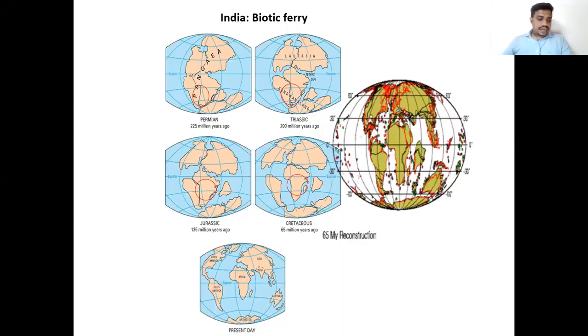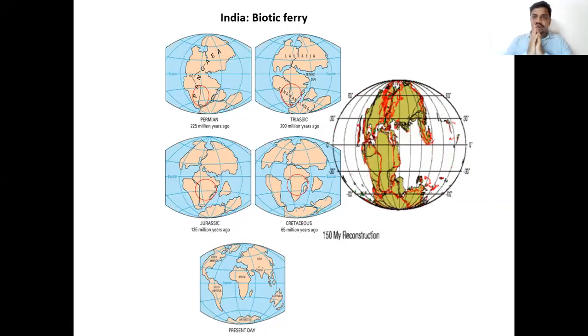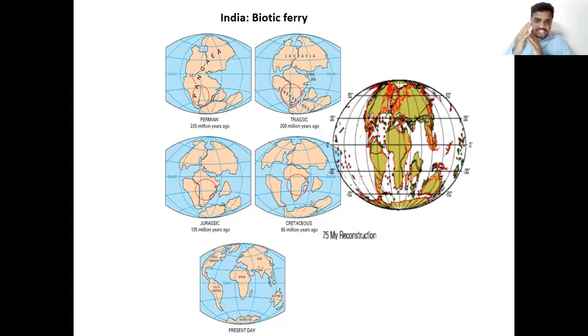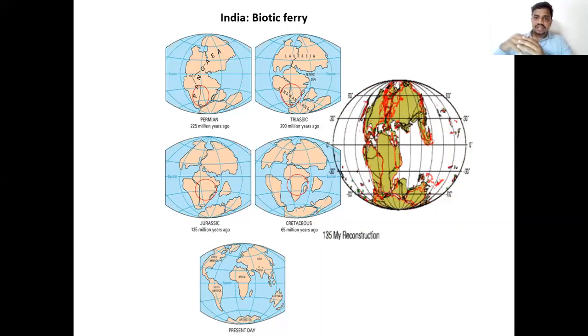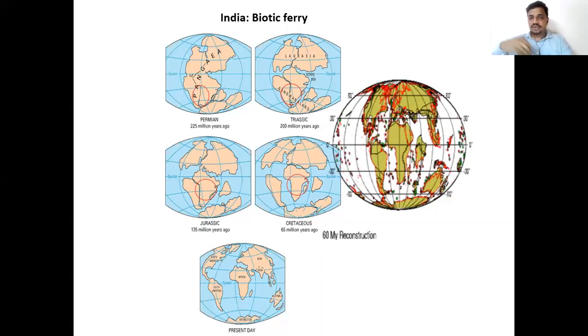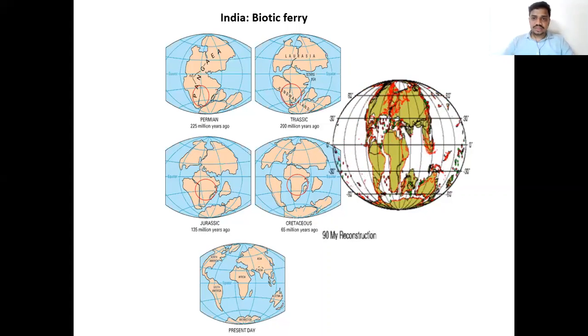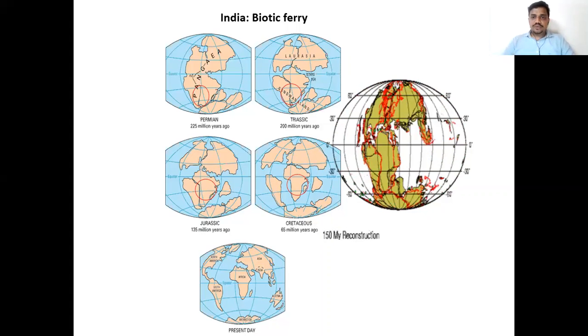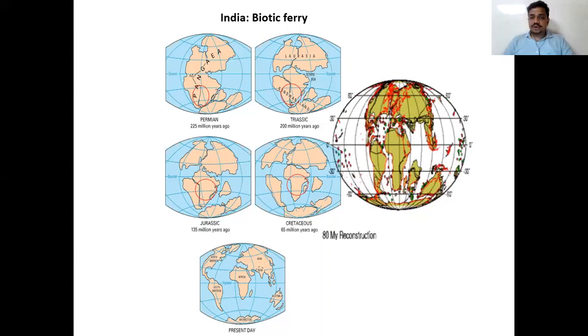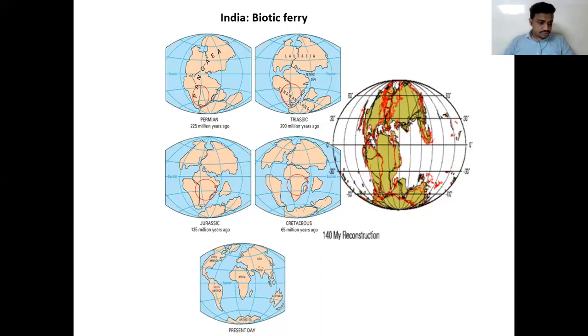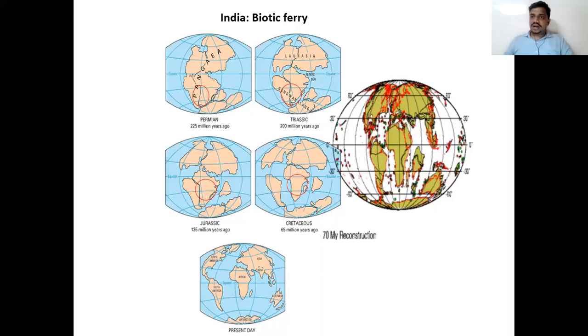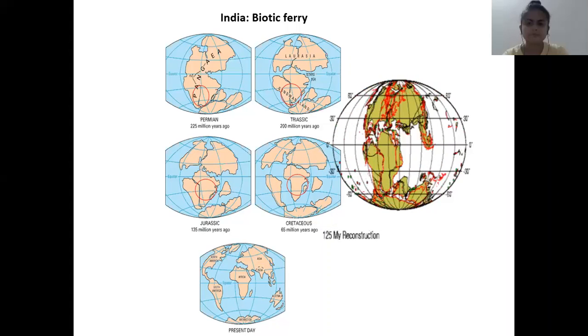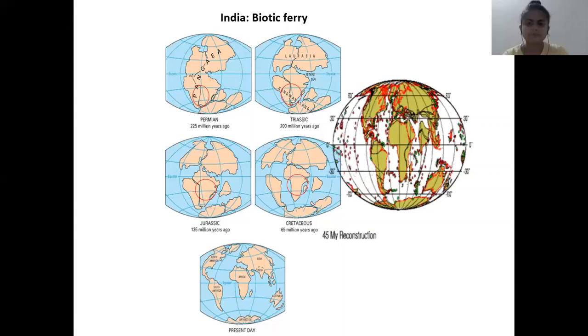Some elements, for example Southeast Asian elements, came to India, and African elements from India went to Southeast Asia. We can call India a biotic ferry or a ship, exchanging with the Eurasian part.